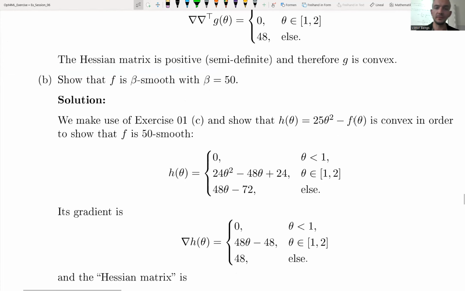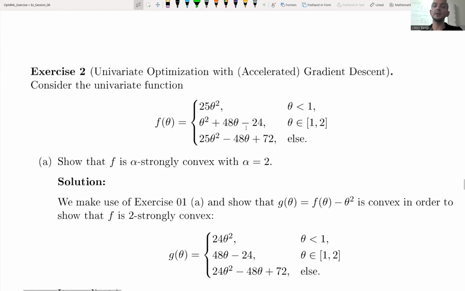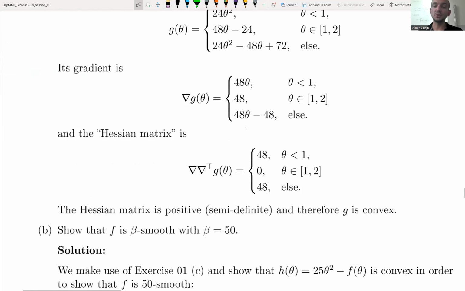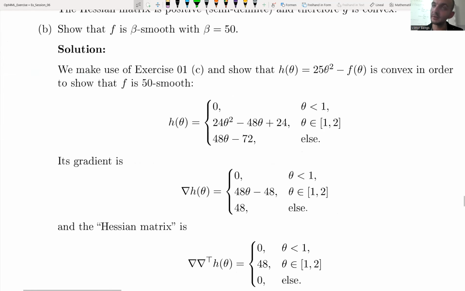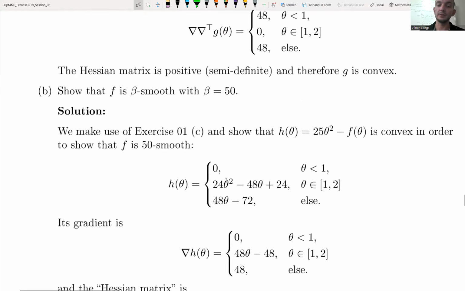In the first case, it's 25 theta squared, which we subtract from 25 theta squared, gives us a 0. In the second case, we subtract this thing from 25 theta squared, which gives us 24 theta squared minus the rest of f of theta.